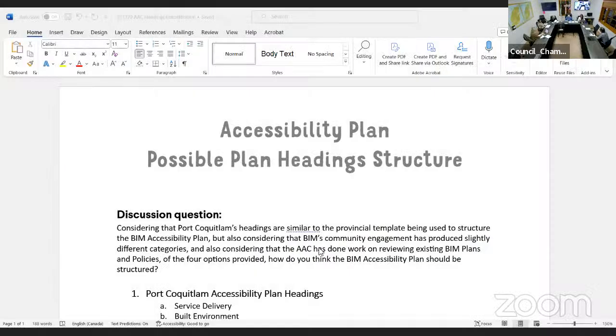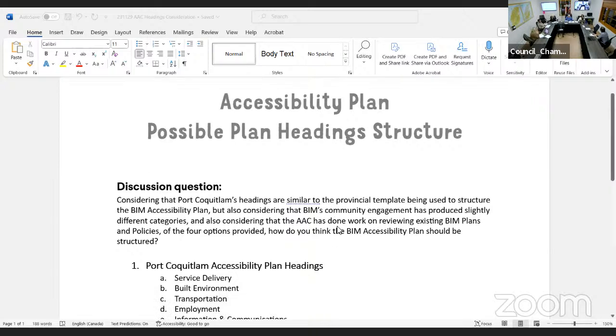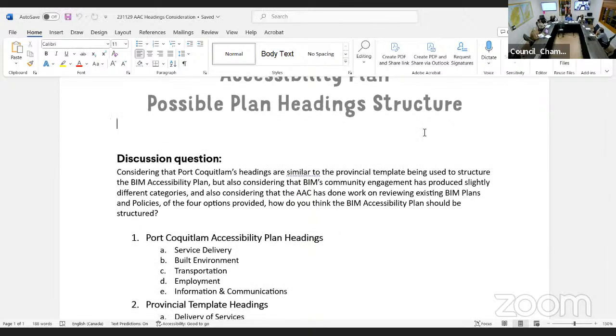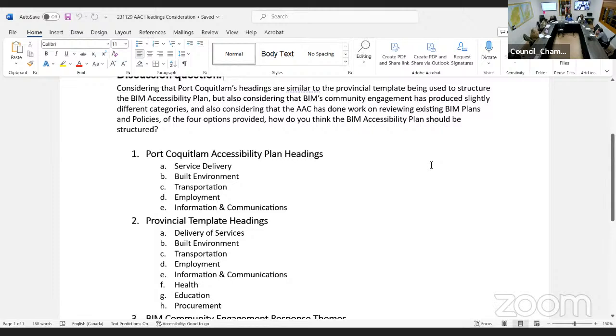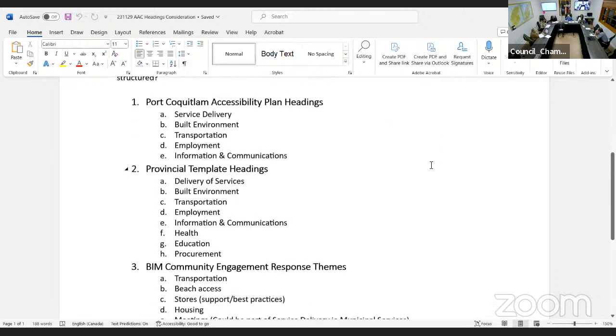Okay, so what we have done here for this discussion is thought about what are the heading structures that we could consider. Sorry, I was just asking Steph, you wanted me to share. Okay. And we have, for example, headings from the province. We have headings we have generated ourselves out of feedback from our survey.